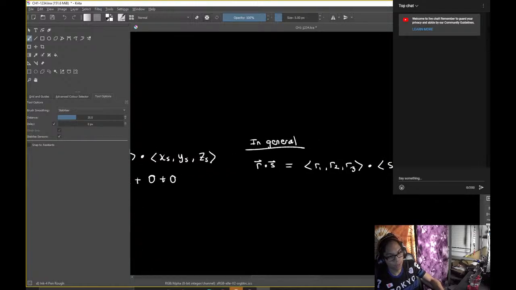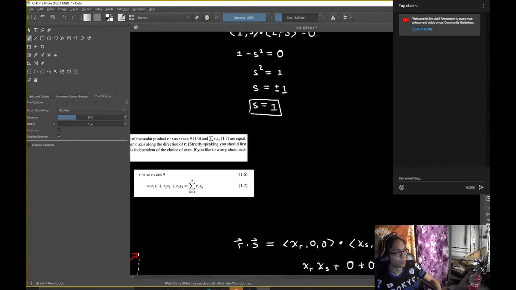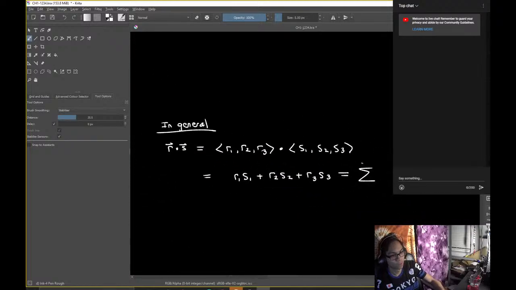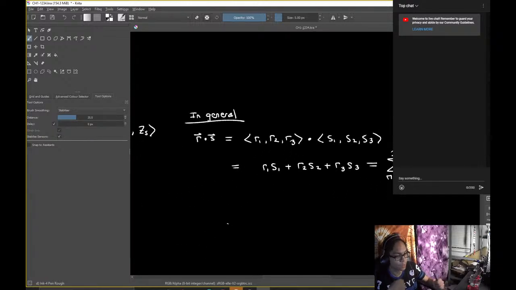S1, S2, S3, and then you'll have R1 S1 plus R2 S2 plus R3 S3. And that's basically the sum of all of those, right? You're going to get the sum from n equals 1 to 3 of Rn Sn. Okay, that does make sense to make it like this.